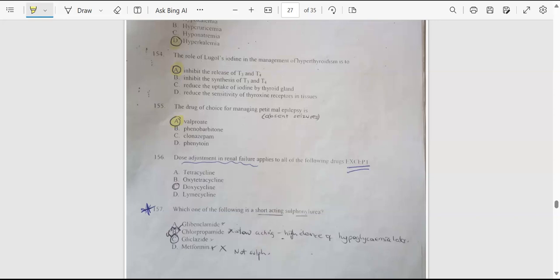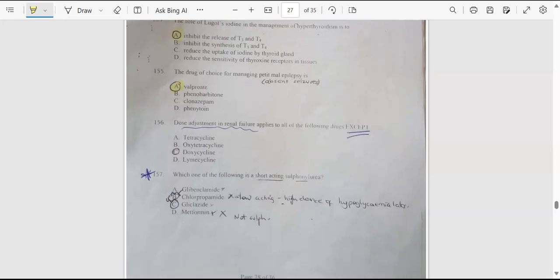Those are the only 2 drugs used for this condition. So hence the answer. Next question.